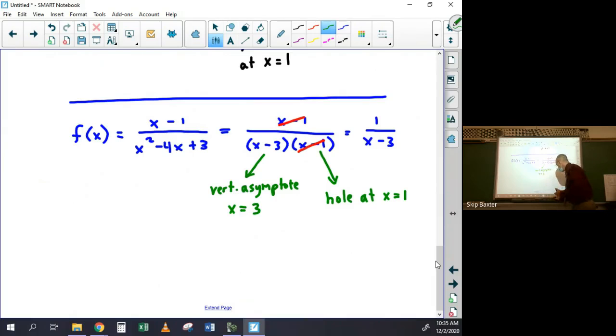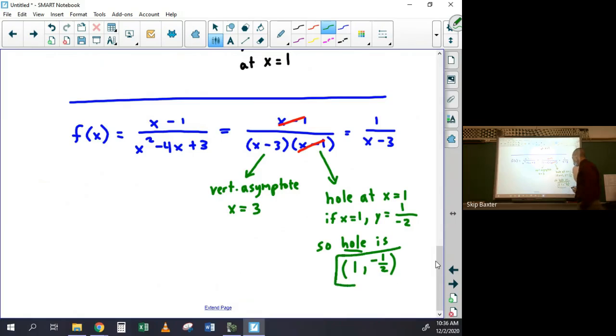So if x equals 1, the y-coordinate is 1 over 1 minus 3, which is 1 over negative 2. So the hole is at 1, negative 1/2. That's what you would say the hole is.